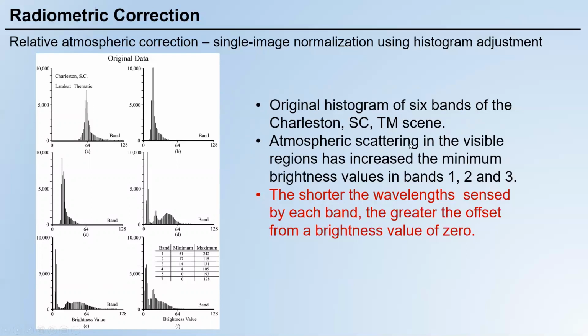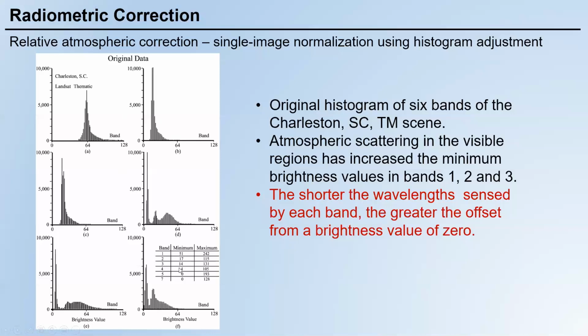Atmospheric scattering in the visible regions has increased the minimum brightness values in bands 1, 2, and 3. And the shorter the wavelength sensed by each band, the greater the offset from a brightness value of 0. What does it mean? It means that the 0 value has been drifting in these histograms, especially for visible bands.